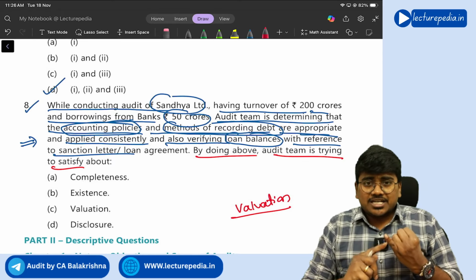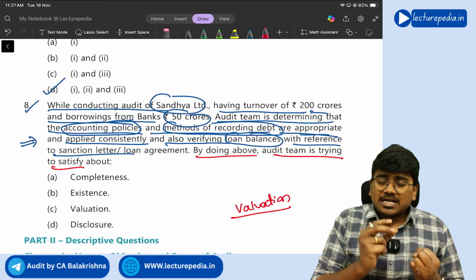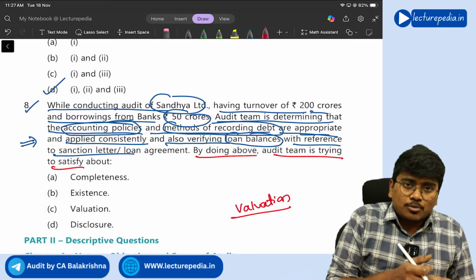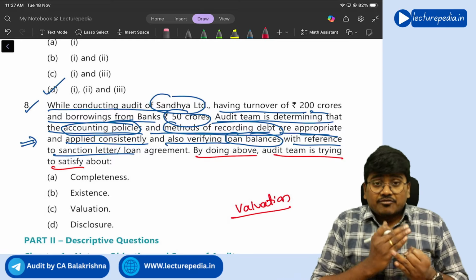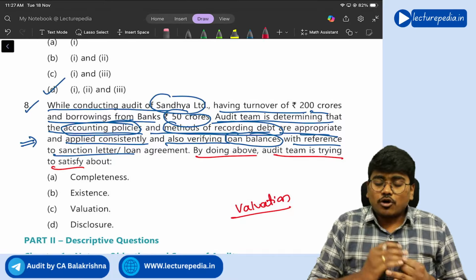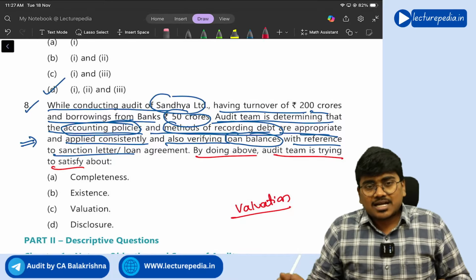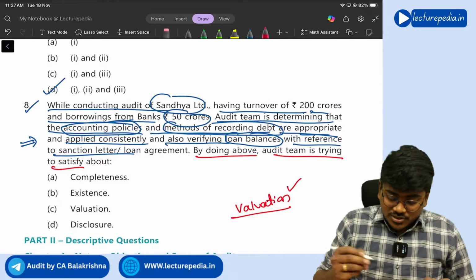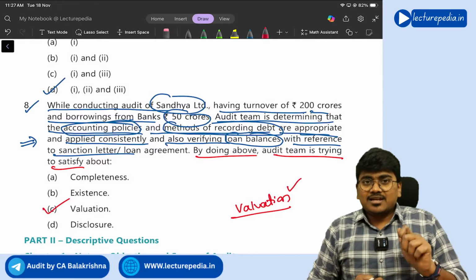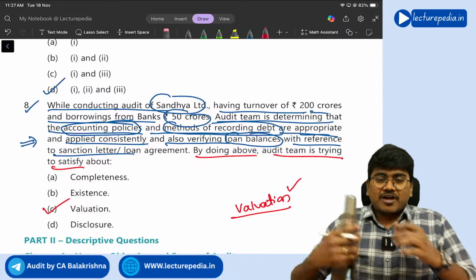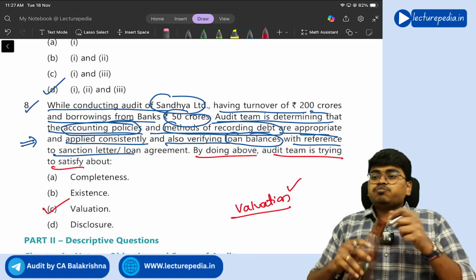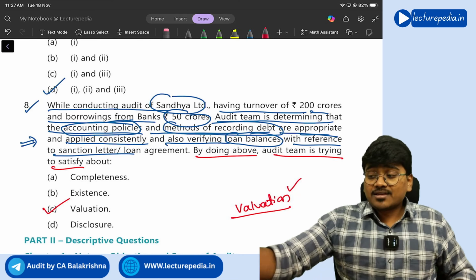Because they are checking whether the amount that is present in the sanction letter is matching with the amount that is shown in the books of accounts, whether accounting policy that has been followed for recognizing the amount is correct or not. So all these procedures are related to valuation only. So option C, 8th MCQ, option C, valuation is the correct option. Clear?